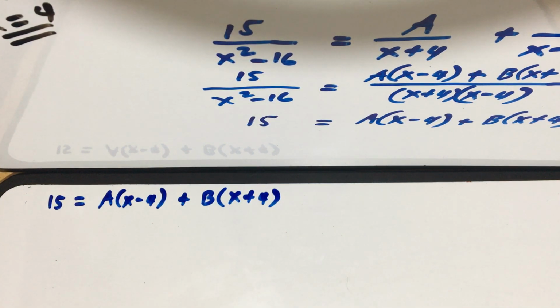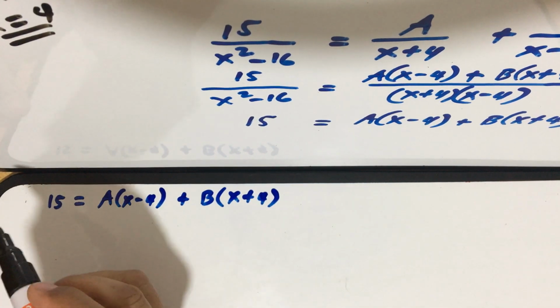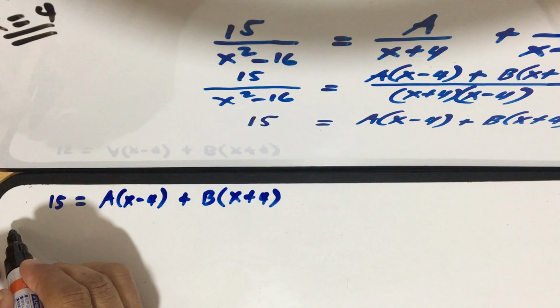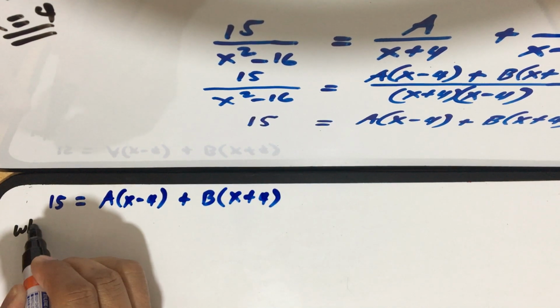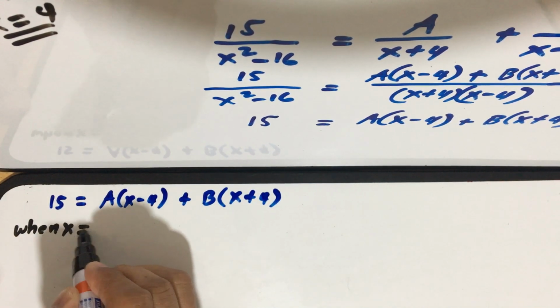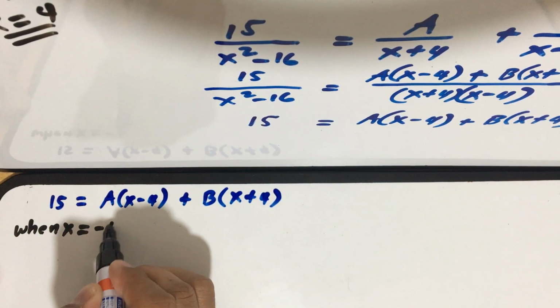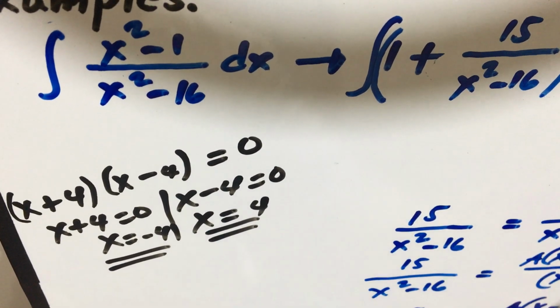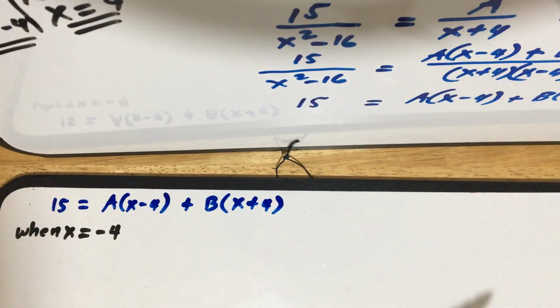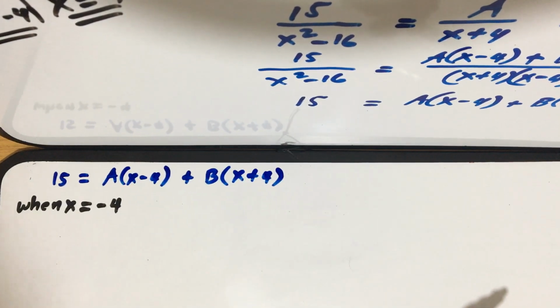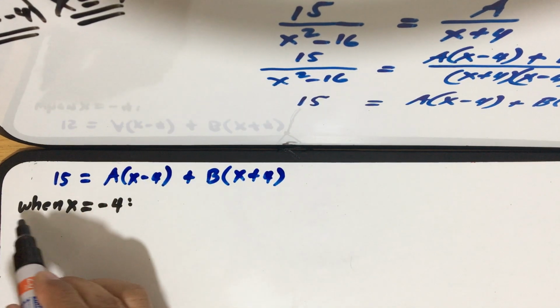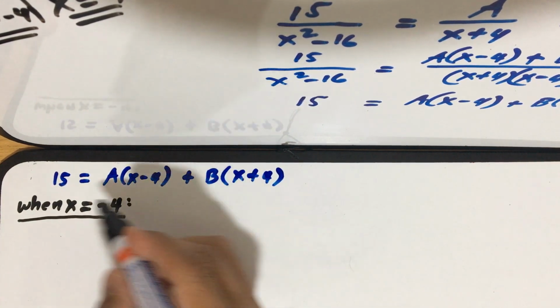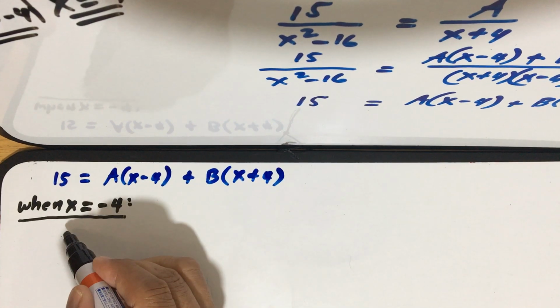Alright, so when x is equal to positive 4, when x is equal to, I'll start with negative 4, from the two factors that we've got here. So we'll use these values for x. When x is equal to minus 4, substitute this in the equation.